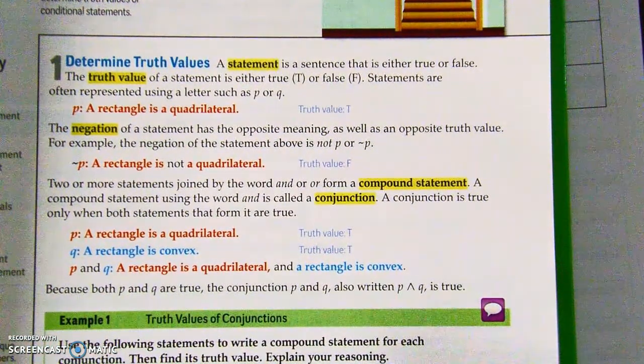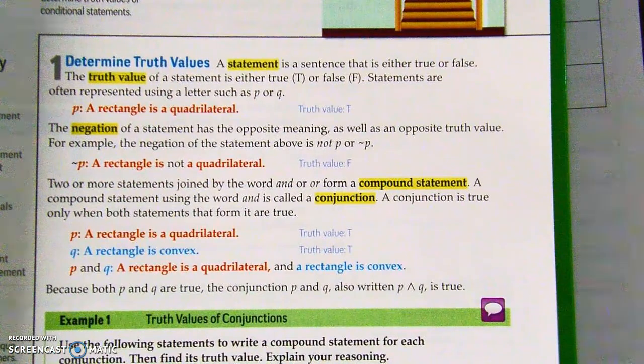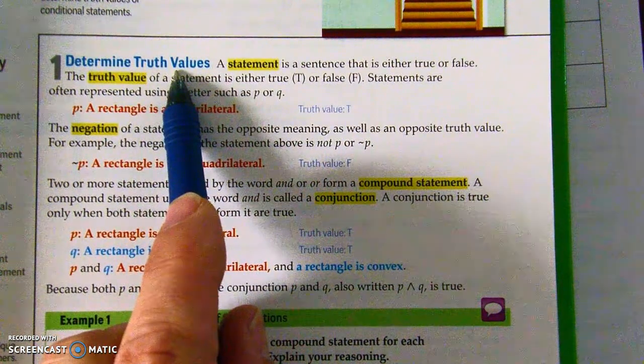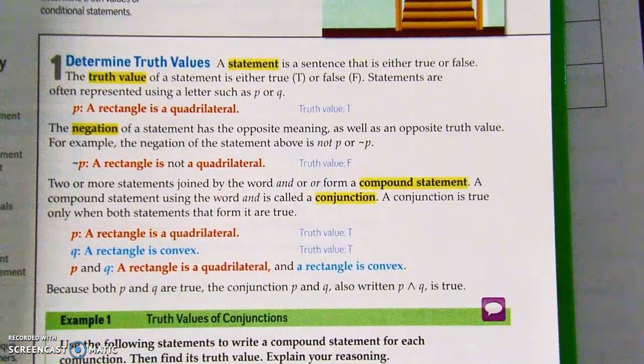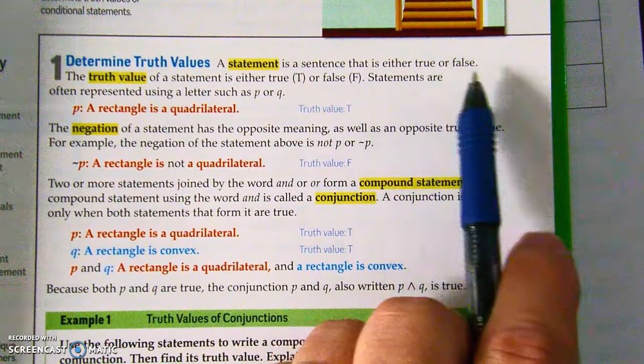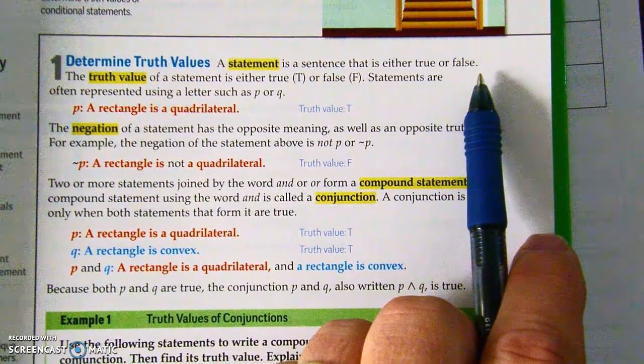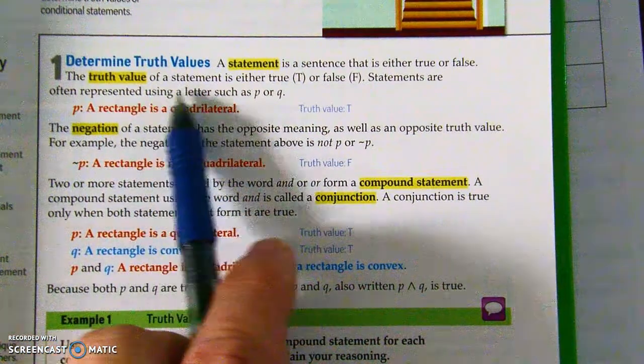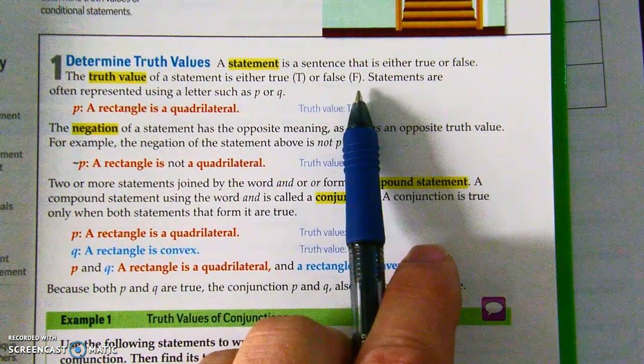Okay, I'm going to read this out to you, and you can get in your online books and do the same thing if you choose to. It says determine truth values, okay? A statement is a sentence that is either true or false. The truth value of a statement is either true or it is false.